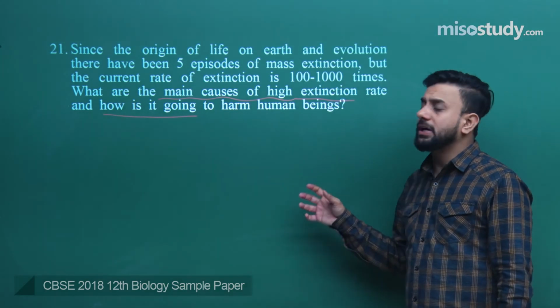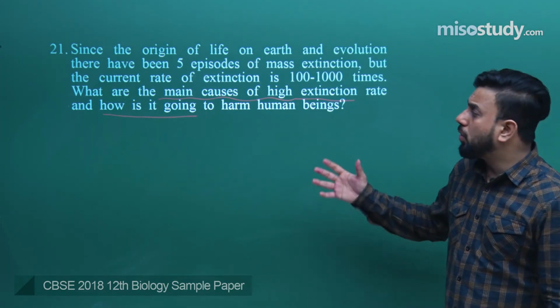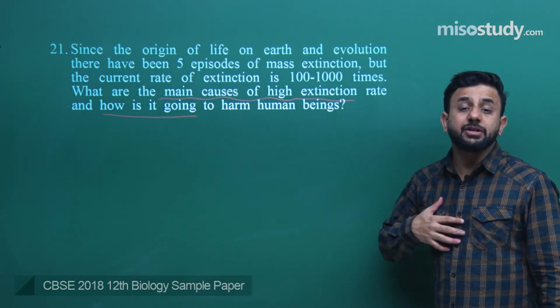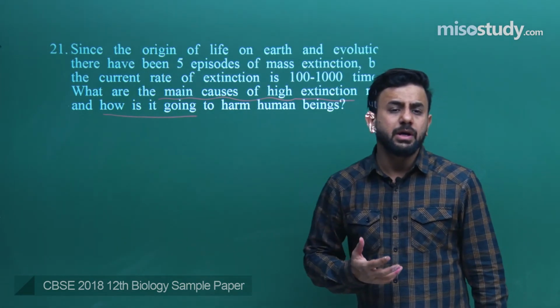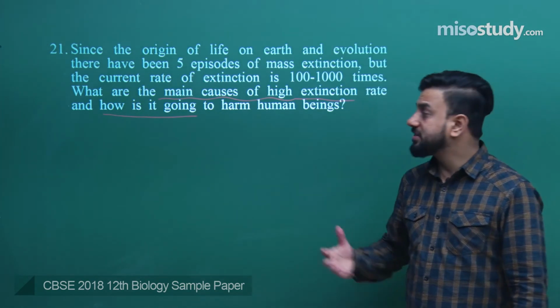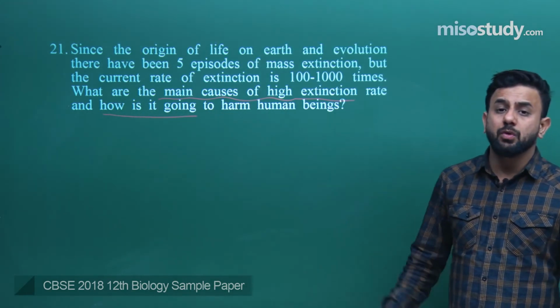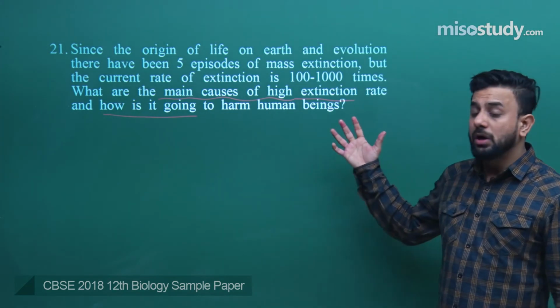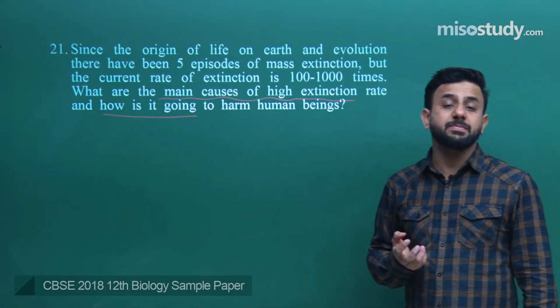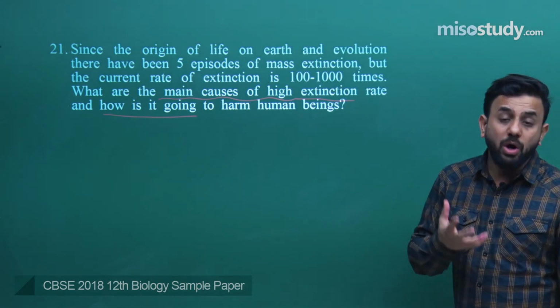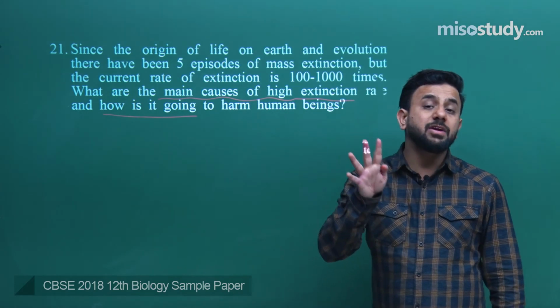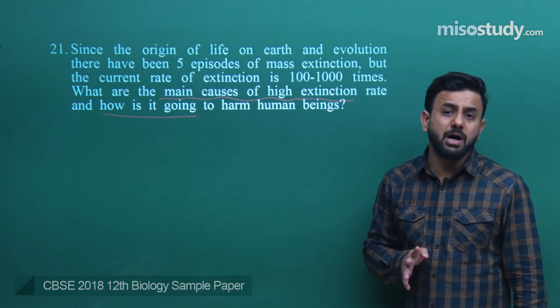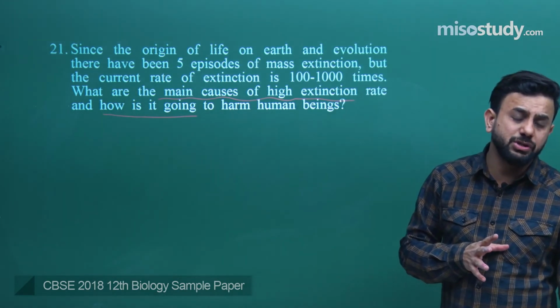Before I give you the answer, in your NCERT it is written that it is the human activities which are mainly responsible for the extinction of species over a period of time. What are those human activities? The evil quartet, which our NCERT talks about: habitat loss and fragmentation.